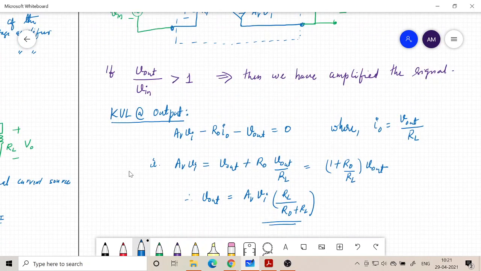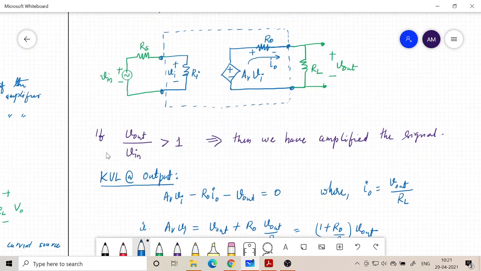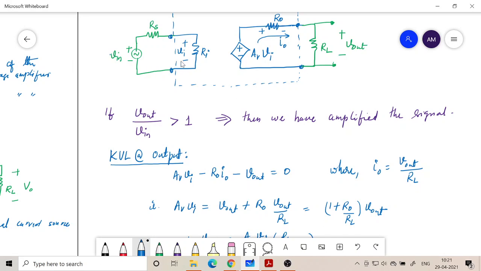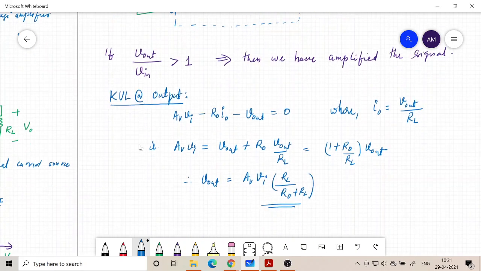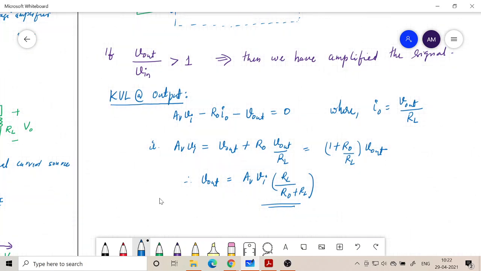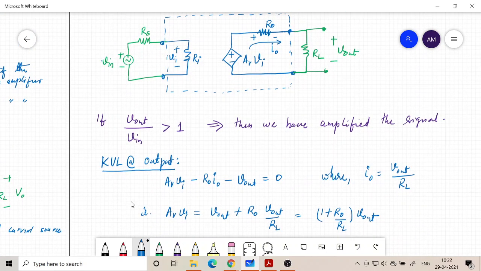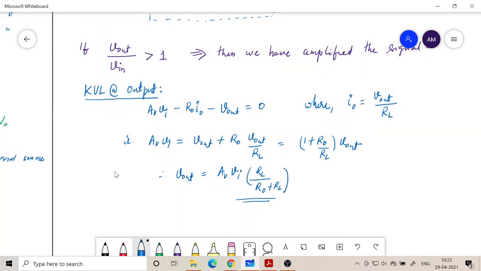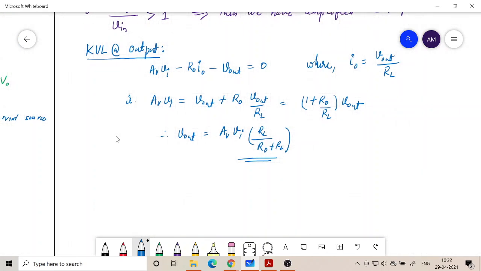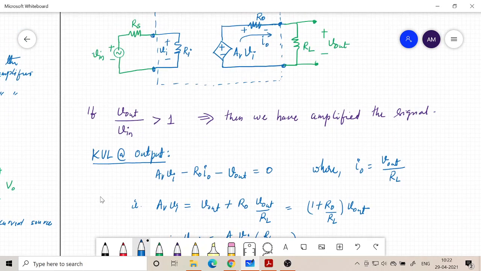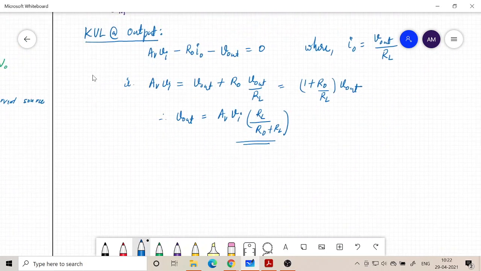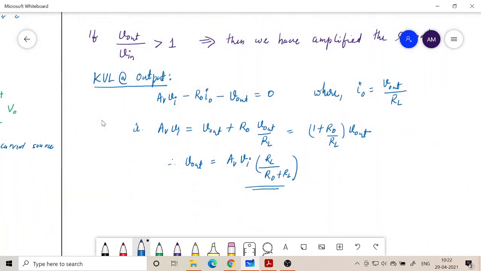Now we also need to establish a relationship with VI, because here it is VI and we want to bring V in there. So what is the relationship between VI and V in? Let's write KCL this time at the input side.